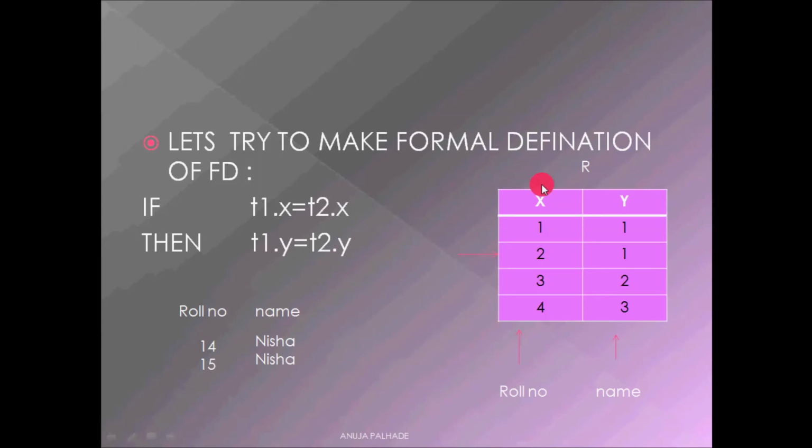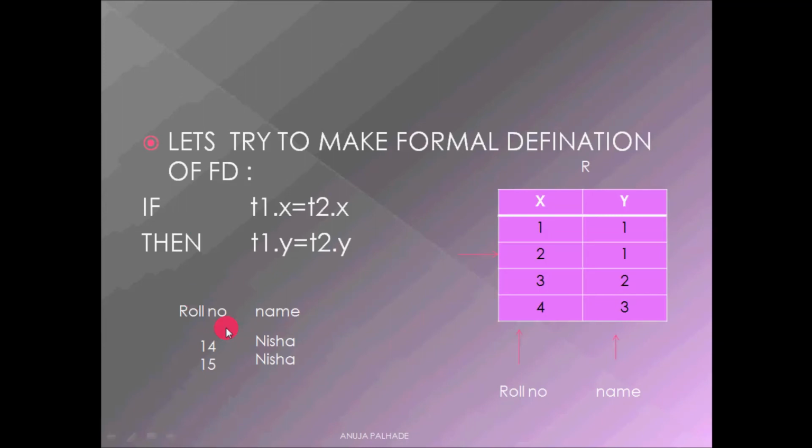Now, if the x attribute is the roll number attribute and the y attribute is the name attribute, as I previously told you, if 62 students are there in my class and I ask for roll number 14, then only roll number 14 gives me the answer. And if I say roll number 15, then only roll number 15 gives me the answer. But what about vice versa?